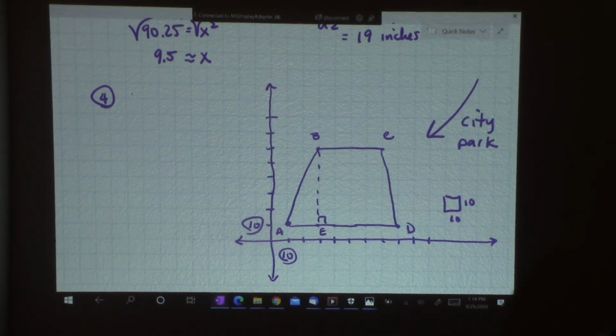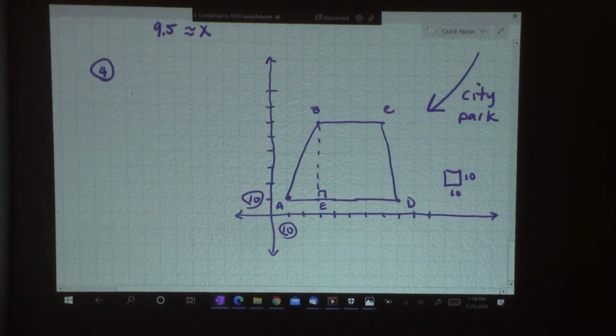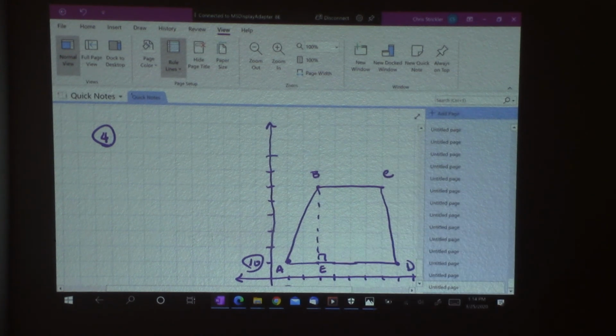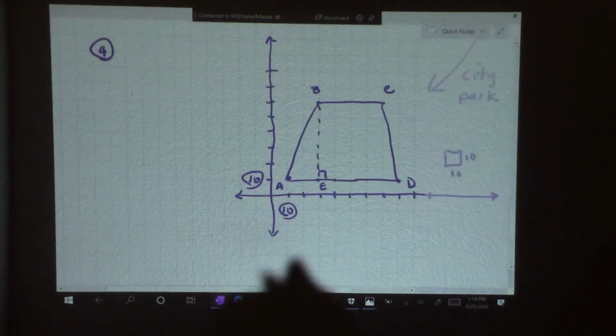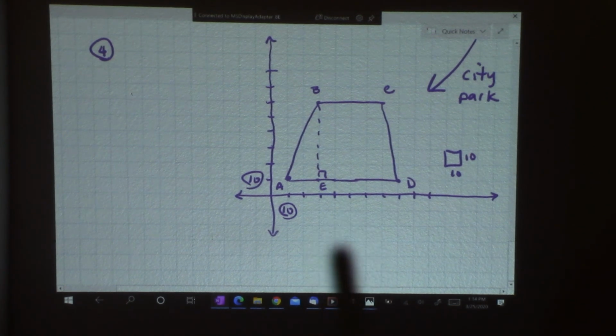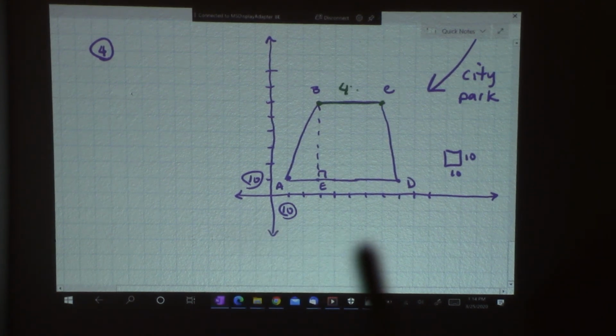Okay, so what I need to do is find all my lengths using my grid. So I'm going to change colors. Use some green in honor of the park. So from here down to here, if I measure this length here, that is going to be 40. And if I measure this length here, that's going to be 70.